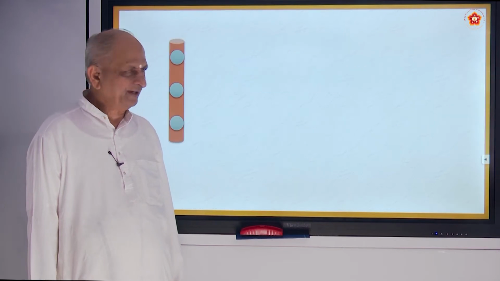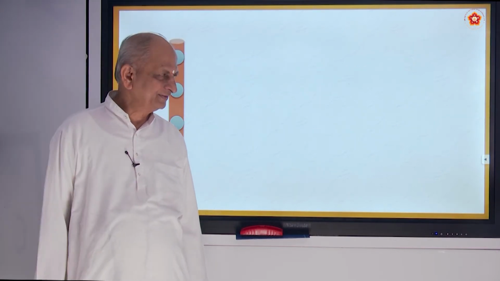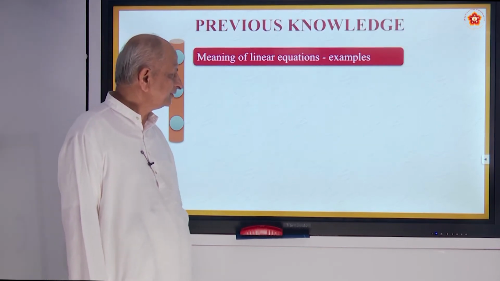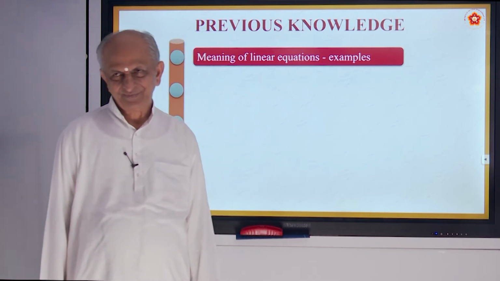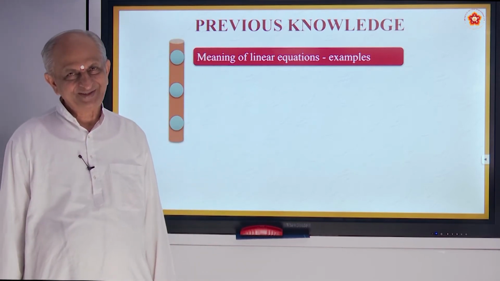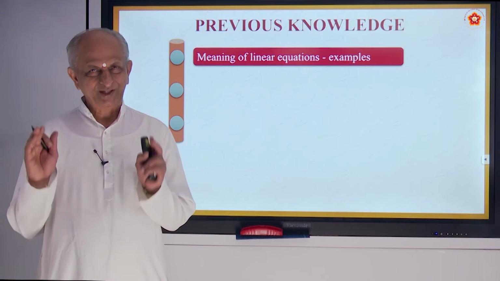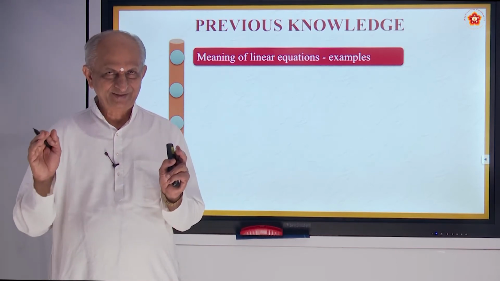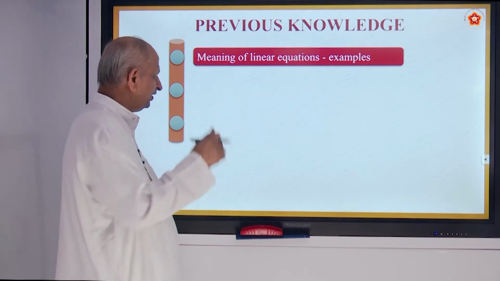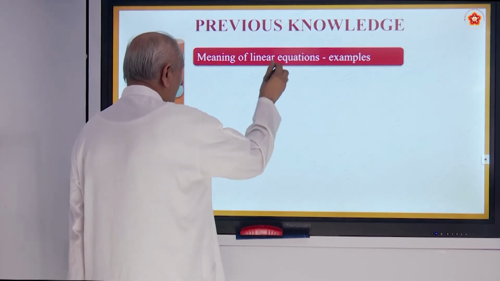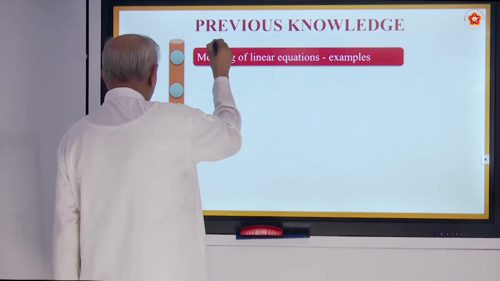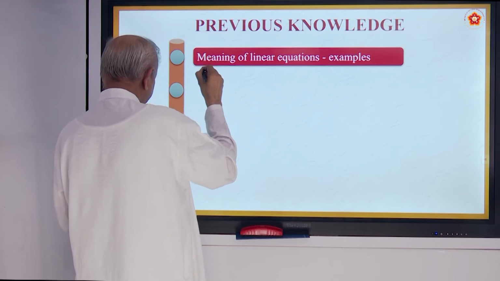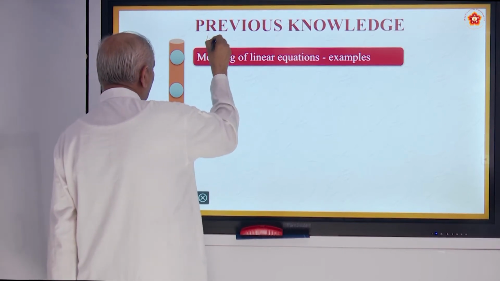Let us just revise what you have seen in the previous class. That is about linear equations. What is an equation? Any two terms, any two numbers, any two facts which are equal to each other are called equations. Suppose you say two numbers, say 4 is equal to 4.